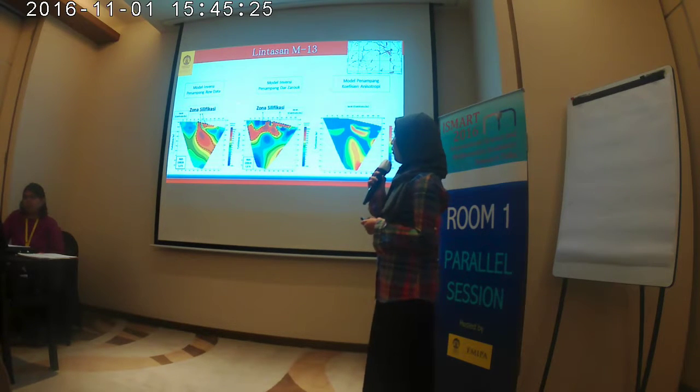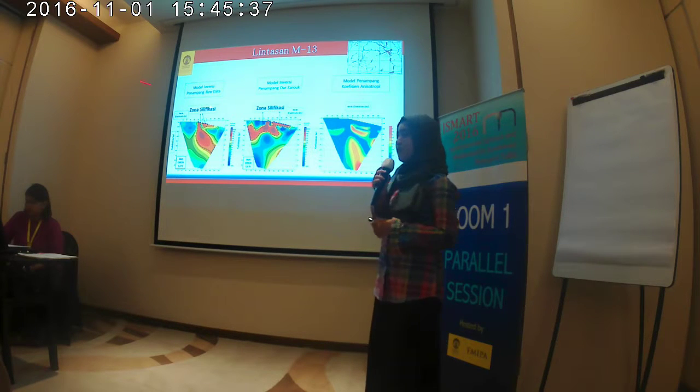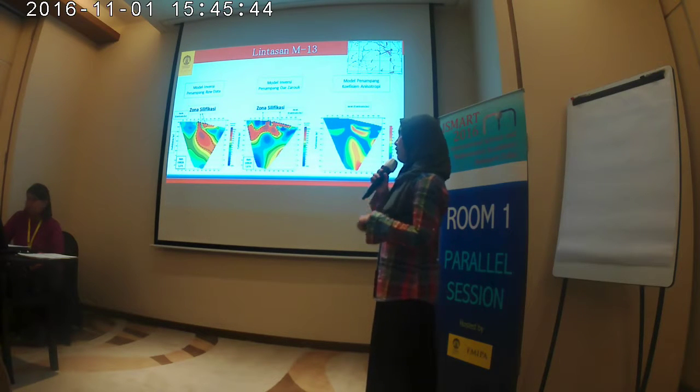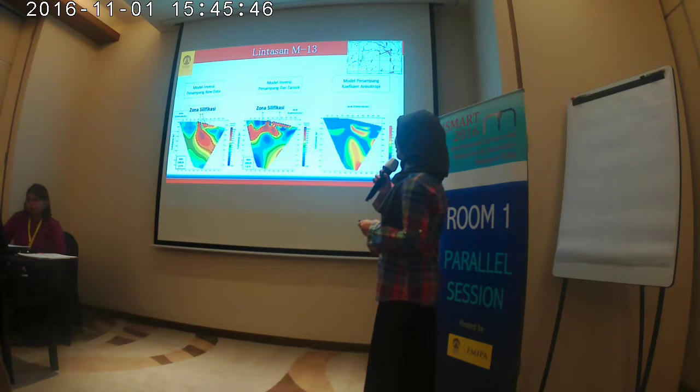For the Dar-Zarouk model inversion, the silicification zone is indicated at distance 10 until 200, and the Dar-Zarouk parameter shows the silicification zone more clearly than the inversion of raw data.